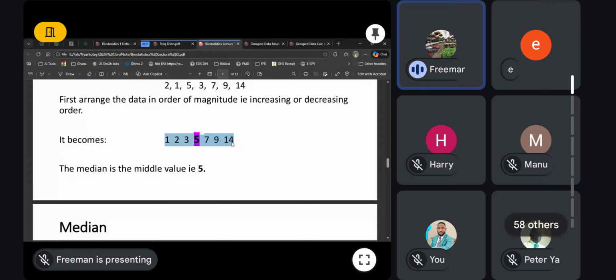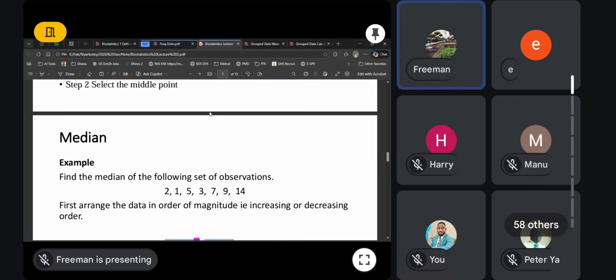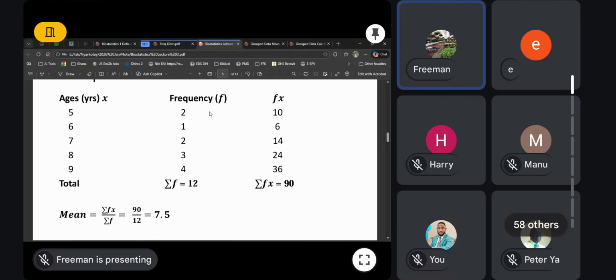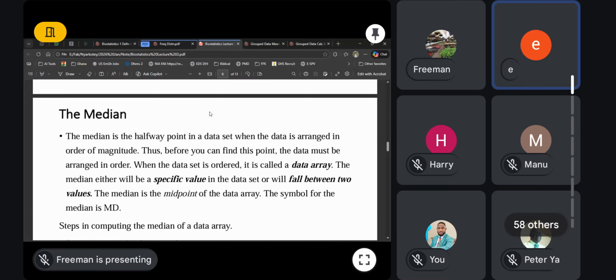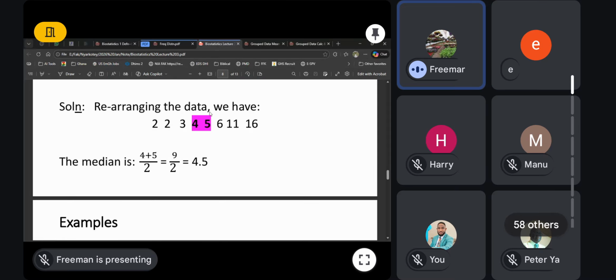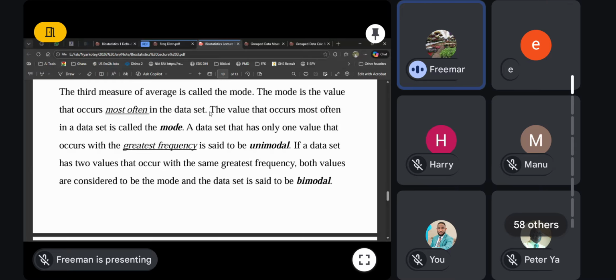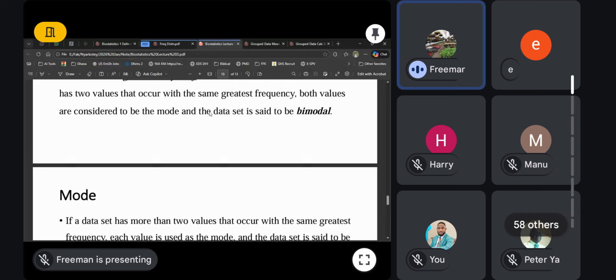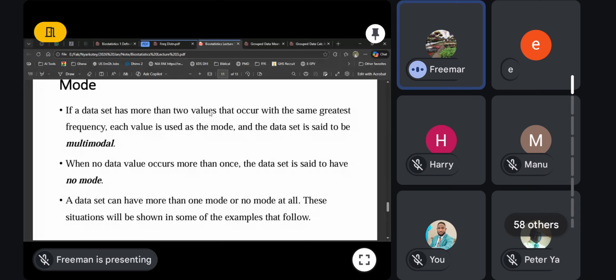Each number occurs once, so there is no mode. The data has no mode. So we have instances where there is no mode, instances where the data will be modal, and we have multimodal.